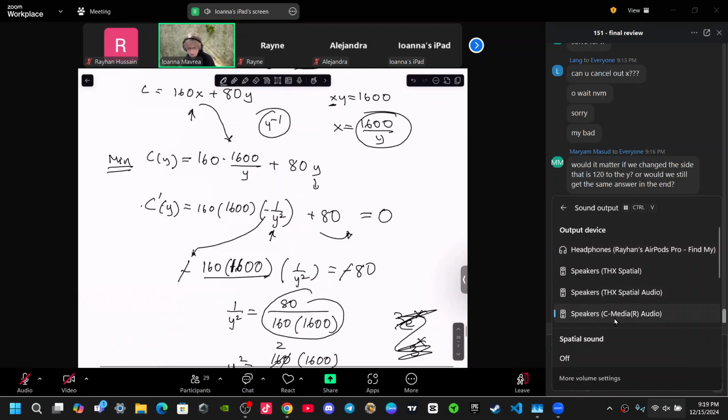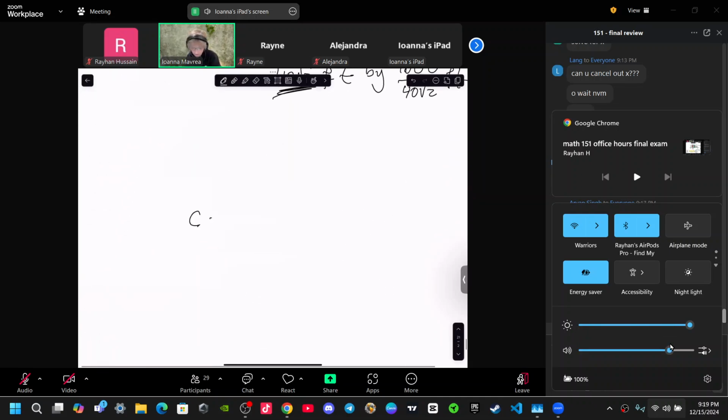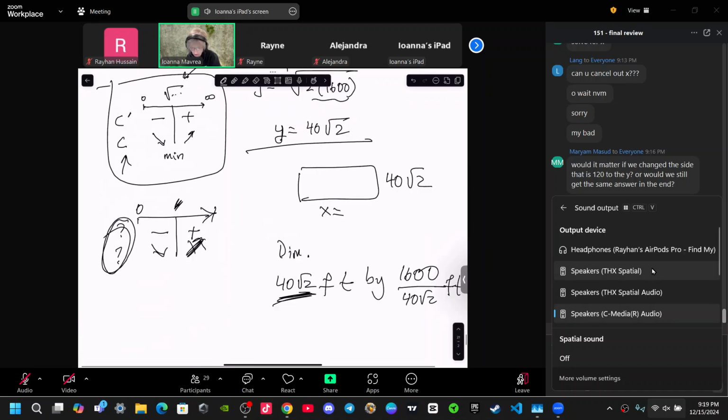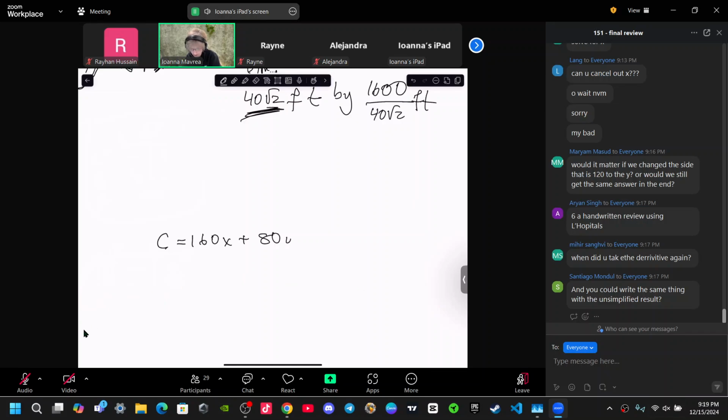So if you're talking about the, again, 160x plus a bunch of y's, and we had to get rid of one of them, right? And we have xy is equal to 1600, right? And you can get rid of whichever, doesn't matter which one you want to get rid of.